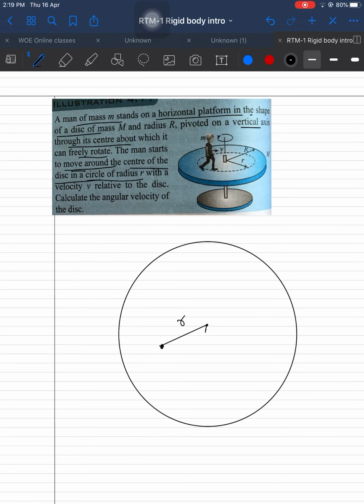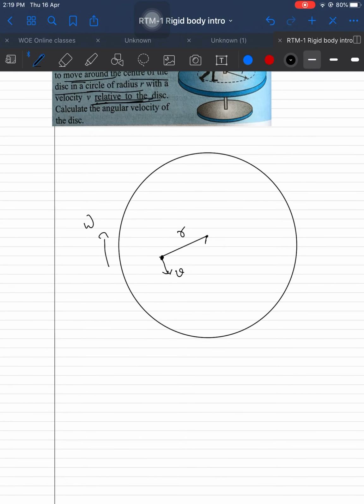In which direction is he moving? Relative to the disk, he is moving in this direction, but the disk is rotating with angular velocity omega in the backward direction. So this man is moving with velocity v relative to the disk, and the angular velocity of the disk is omega. What is the angular velocity of the disk?